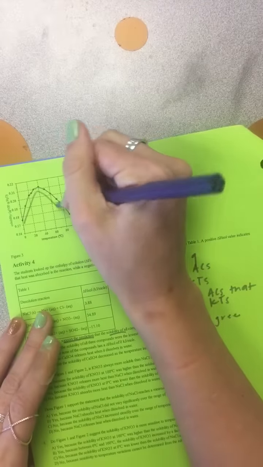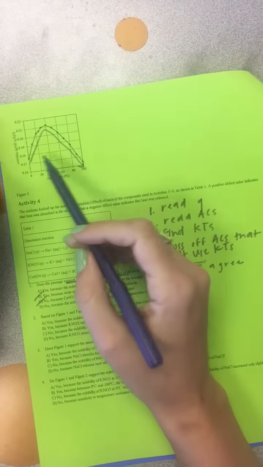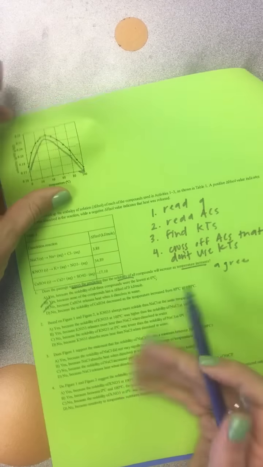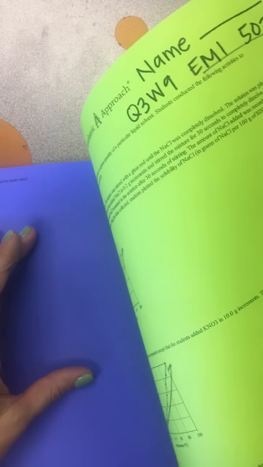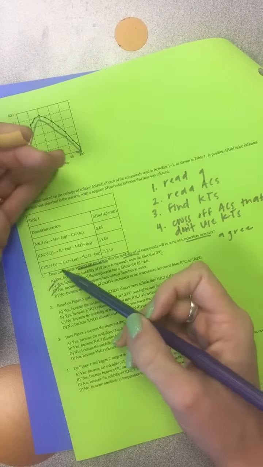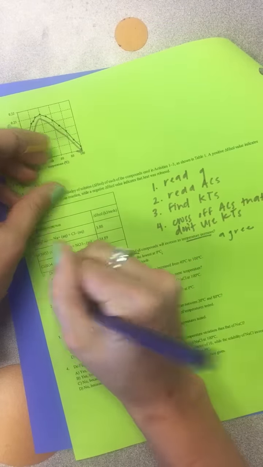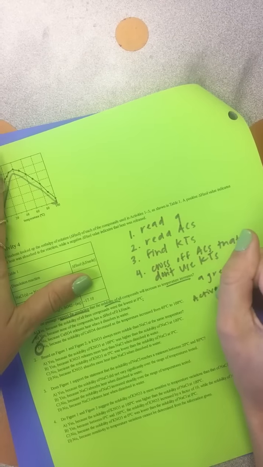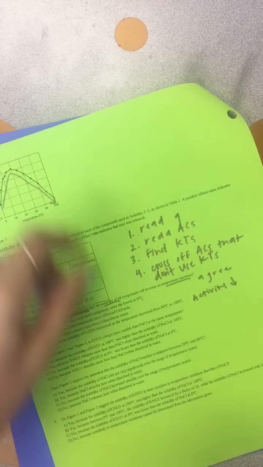And then, no. So no, for this one, whatever activity 3 is, activity 3 is CaSO4 decreases. So I didn't even have to read that, but that was just to be sure. We were between a yes and a no, and automatically we're a no because activity 3 shows a decrease.